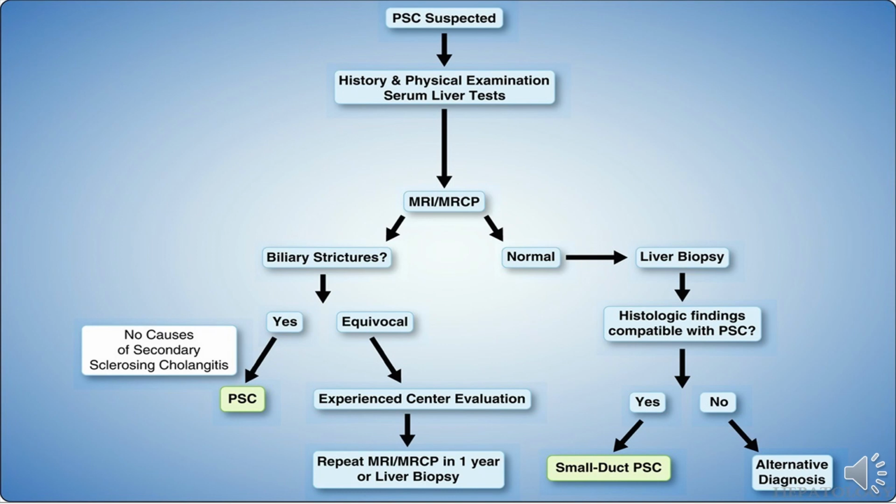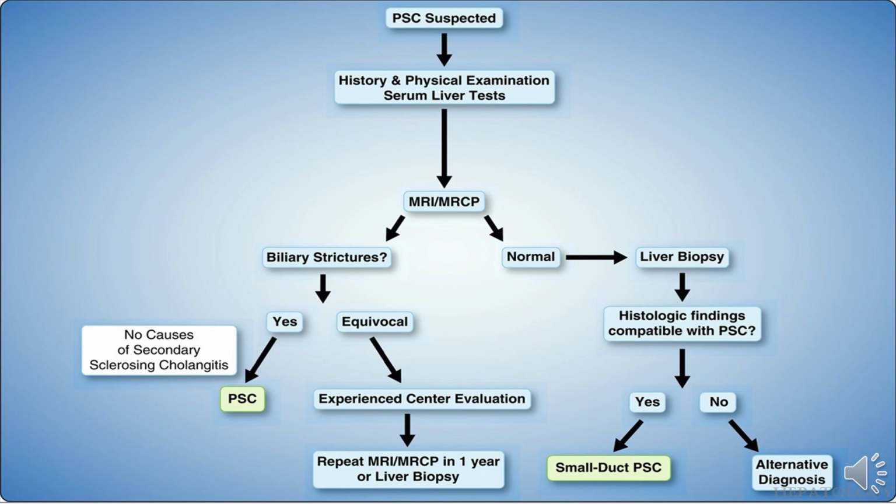Then you should obtain an MRI, MRCP. Once you find biliary strictures, this is a clear-cut diagnosis of PSC, as long as there are no causes of secondary sclerosing cholangitis, so you're going to consider this as primary.